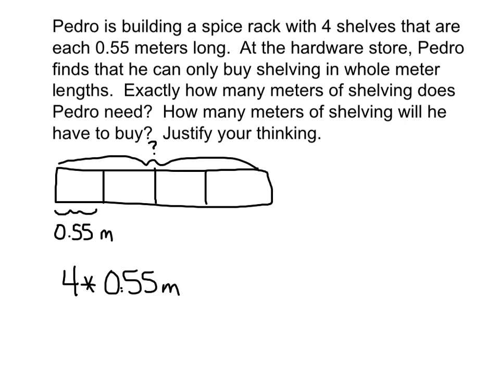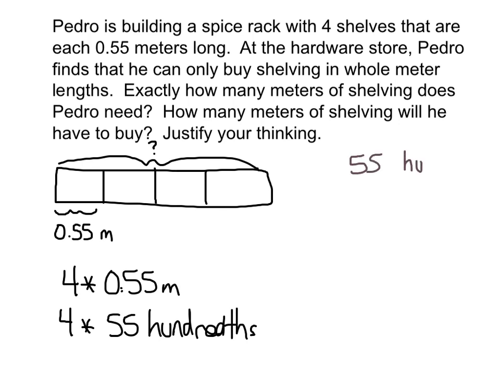So if I were to multiply that out, what I have here is I have 4 groups of 55 hundredths. So I could figure that out over here. I'm going to do 55 hundredths times 4.